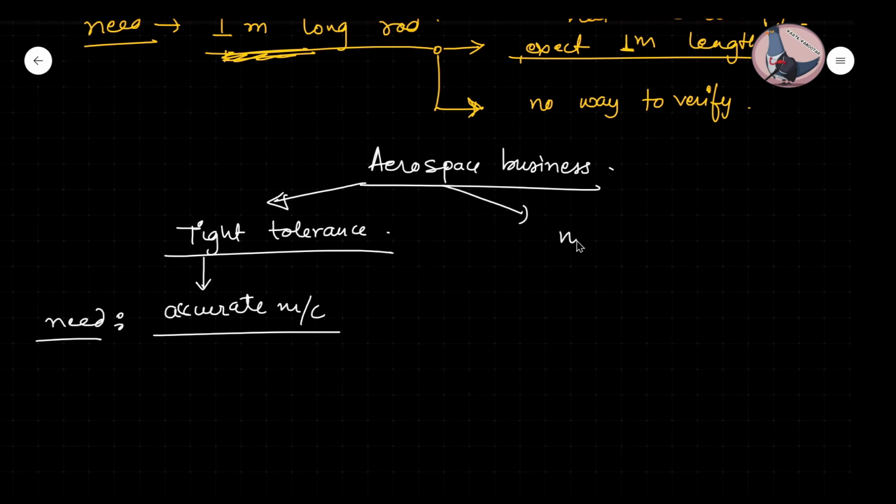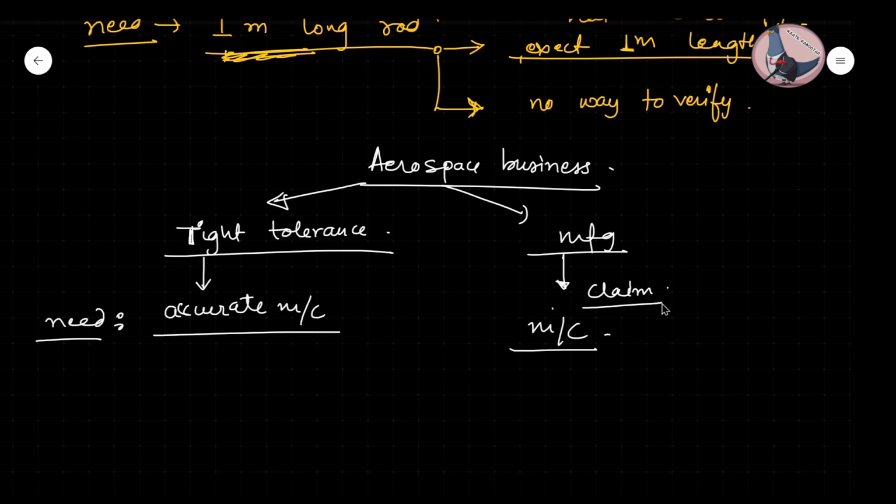So in the market, there will be a manufacturer, and this manufacturer will say that he has a machine. This is the manufacturer's claim: I have a machine which is very good, and its accuracy and repeatability is very good. He will give you some numbers for it, and then your aim will be to buy this machine.